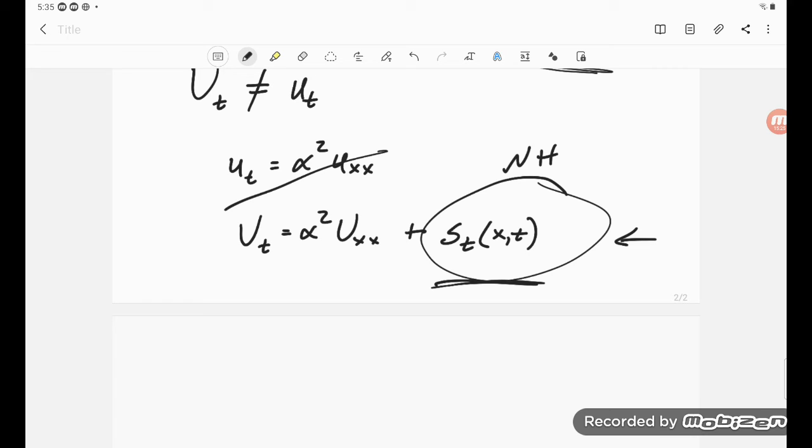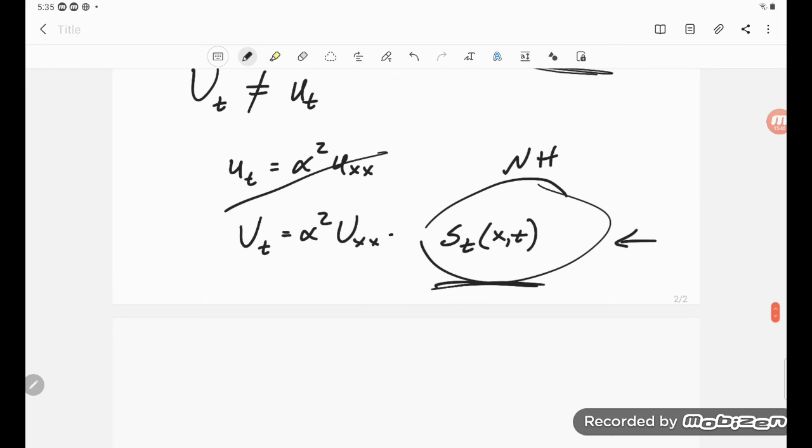So in this case, we can get this new function, new initial condition. So in this case, oh, and I did get that wrong. Sorry, that should be a minus. That's a minus.